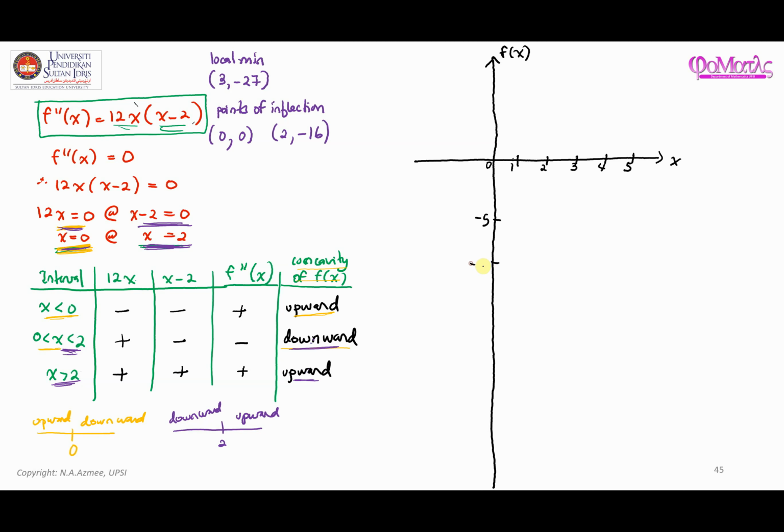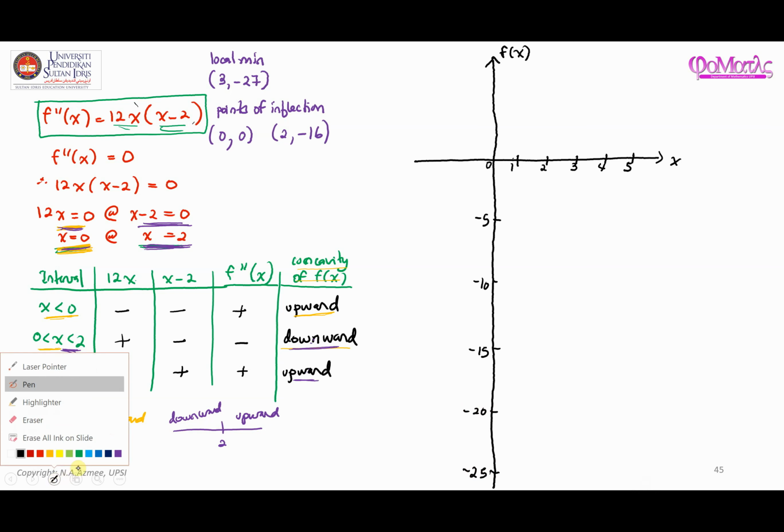This could be negative 10. Oh, this is really bad. Okay, let me erase that. Negative 5, maybe here is negative 10. This could be negative 15, negative 20, negative 25 maybe.